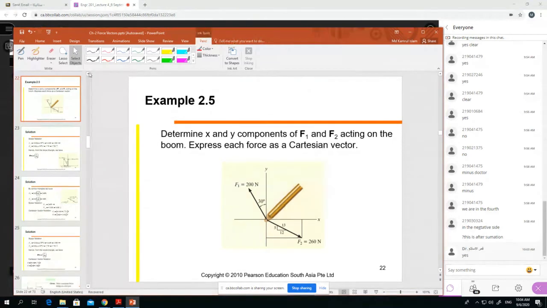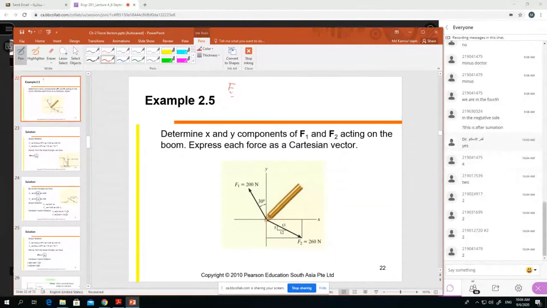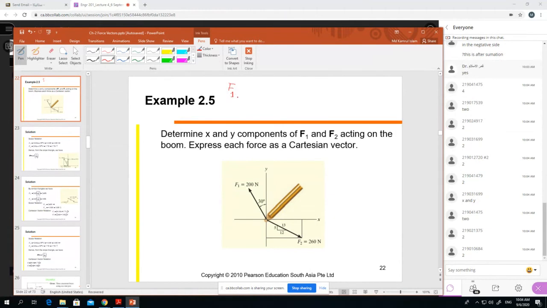Please tell me the answer. F1 will have how many components? Four components? Two components? Yes, two components. F1 will have two components: one is F1x.